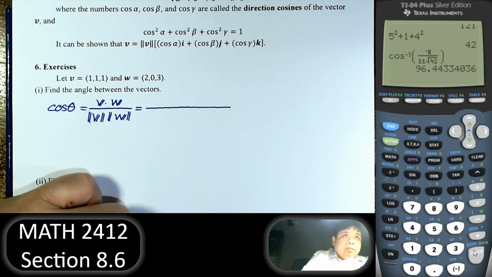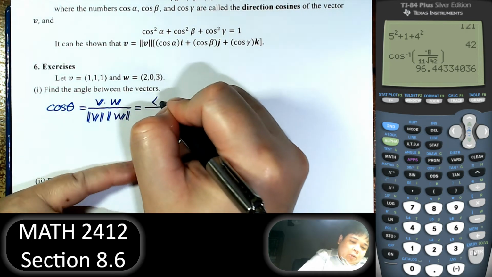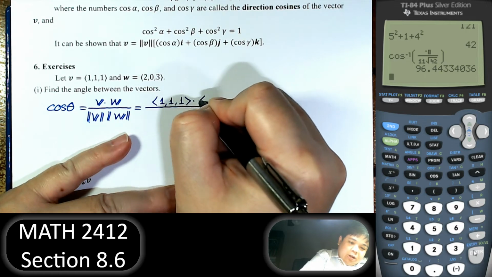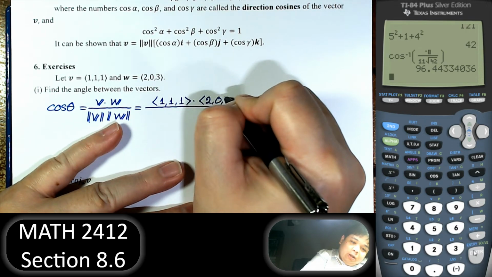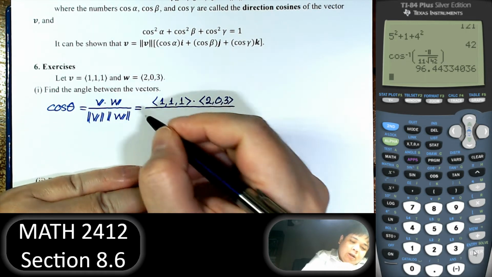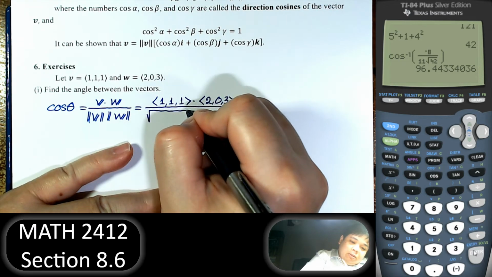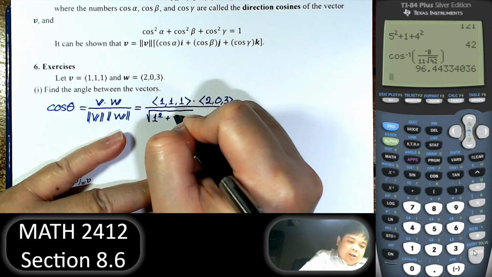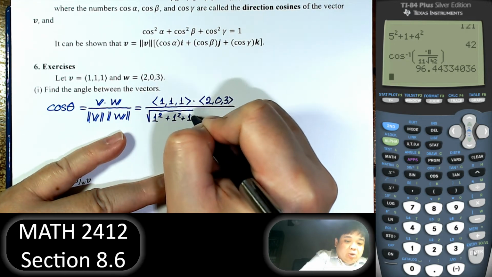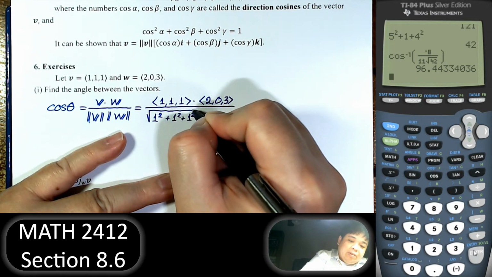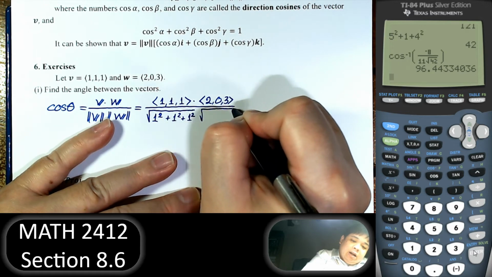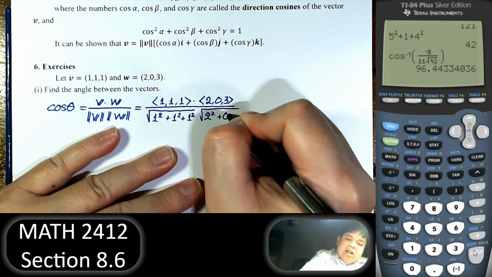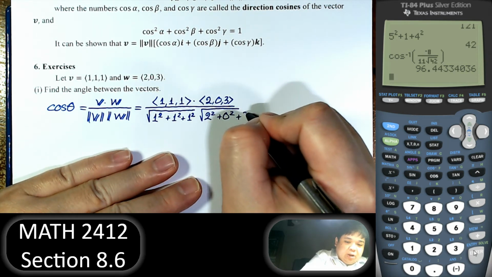So vector v is 1, 1 and 1, dot 2, 0 and 3, over the magnitudes of v, which is 1 squared, 1 squared, 1 squared, so that is square root of 3. And then the magnitude of w, 2 squared, 0 squared and 3 squared.